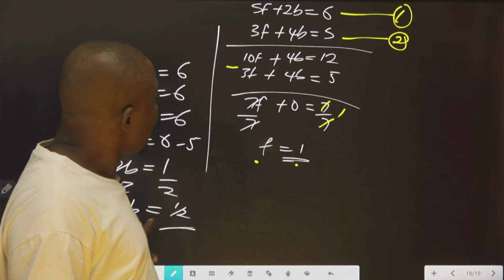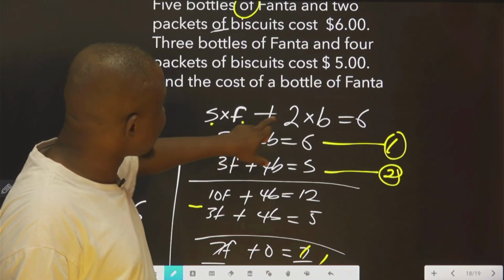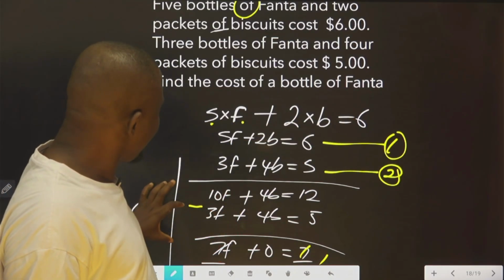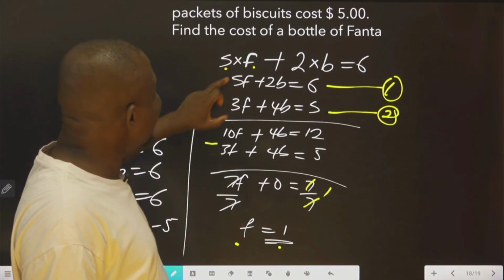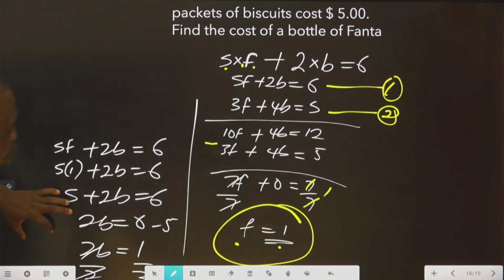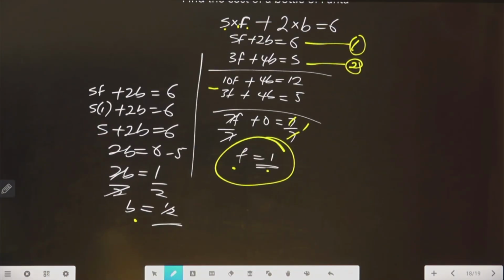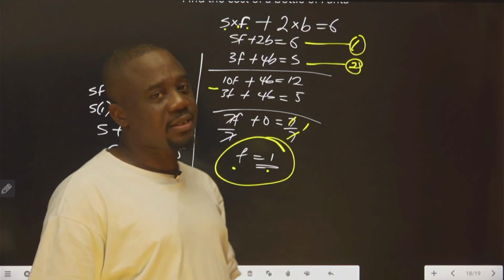So from this first equation, 5 bottles will cost us 6. What they are actually asking us to find is F. So actually, once we find F, we already got the answer long ago. We're just wasting our time. It means therefore, 1 bottle of Fanta will cost you $1.